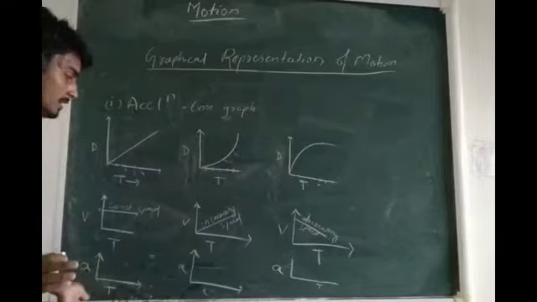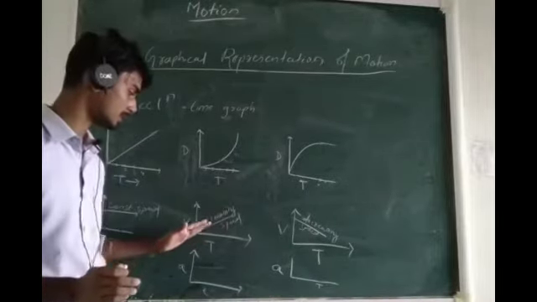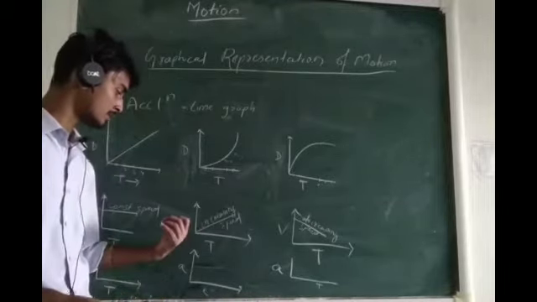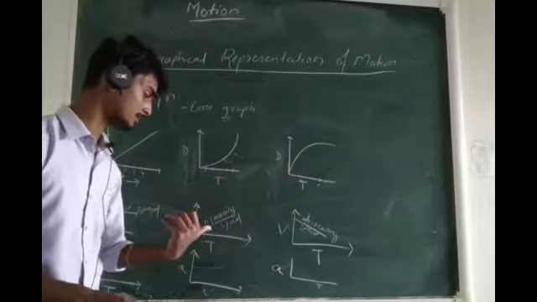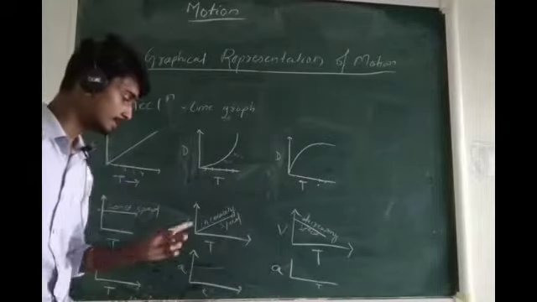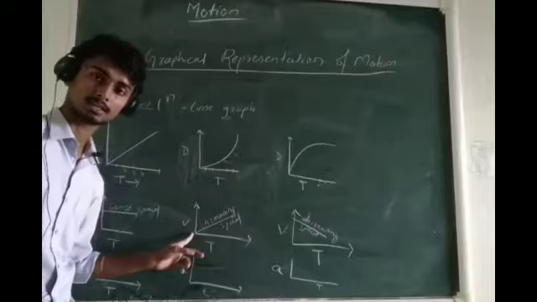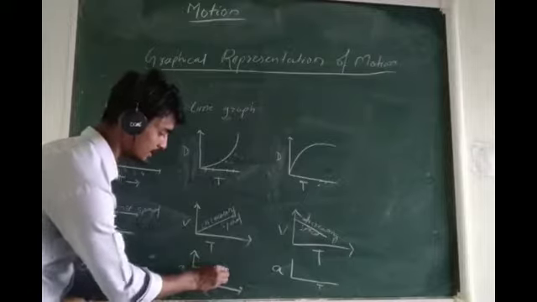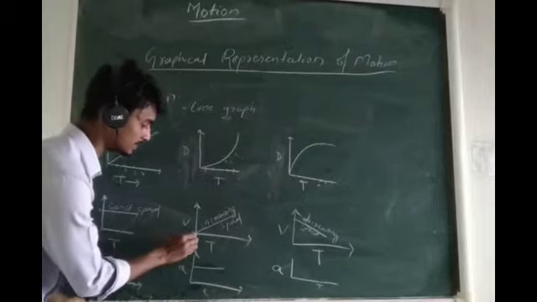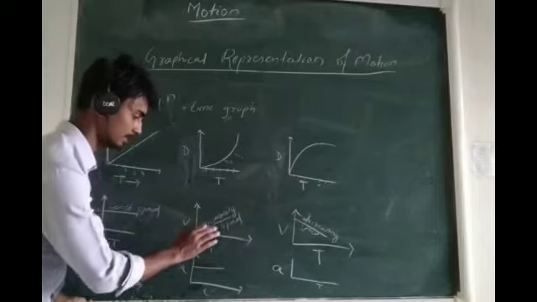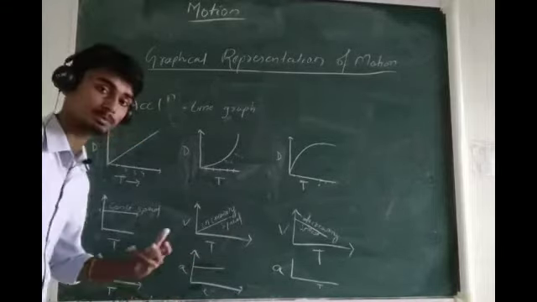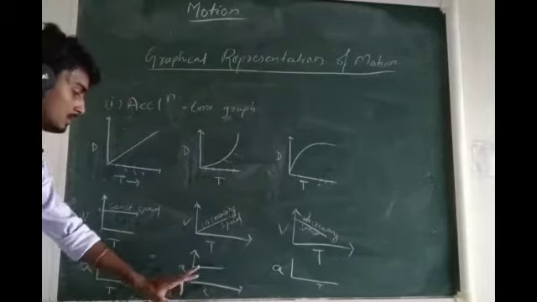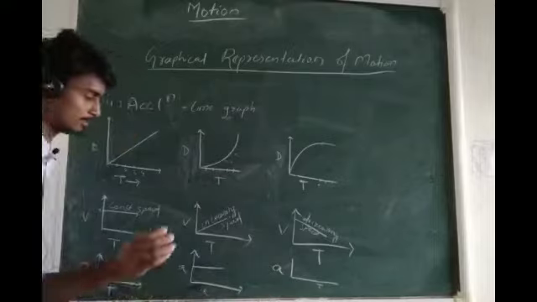And if speed goes on increasing at a certain rate, which is a straight line, then it just means that its amount of velocity changing per unit time is constant, or we can say acceleration in this case will be constant. If acceleration is constant, it should be a straight line, and here it will be positive because the speed is increasing. So here the acceleration time graph will be a positive line which will be parallel to the time axis.